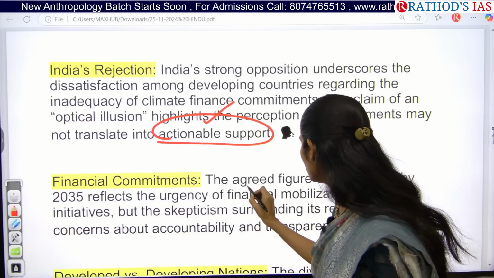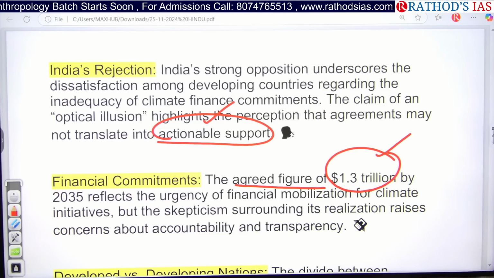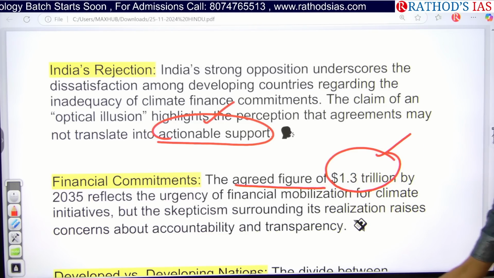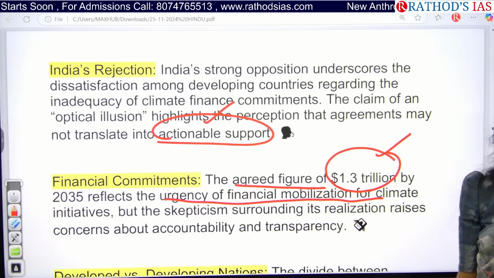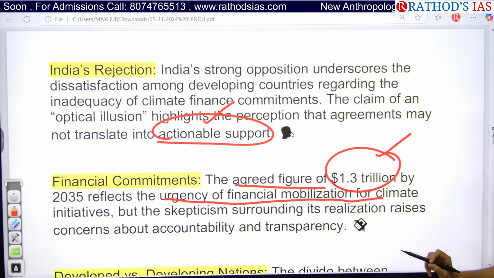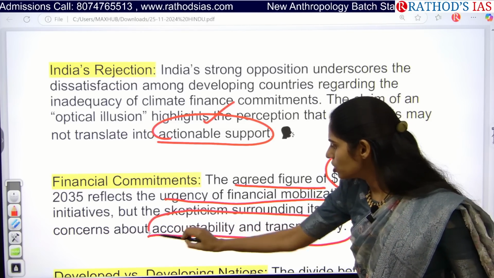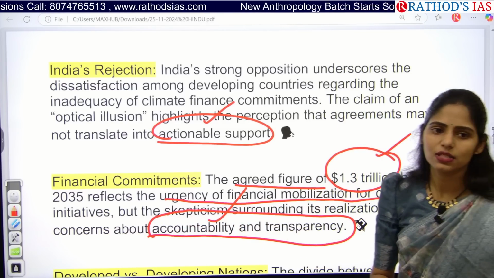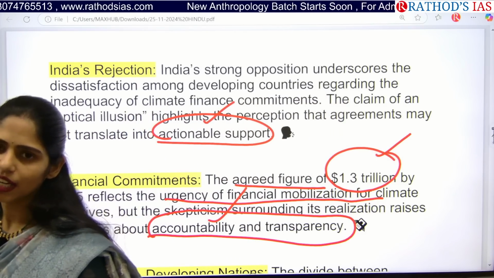And next here, the agreed figure of climate finance is $1.3 trillion by 2035, which shows there is urgency of finance mobilization for climate initiatives. But there are some concerns regarding accountability and transparency. So why is there no accountability and transparency? Earlier, the climate finance target was $100 billion.